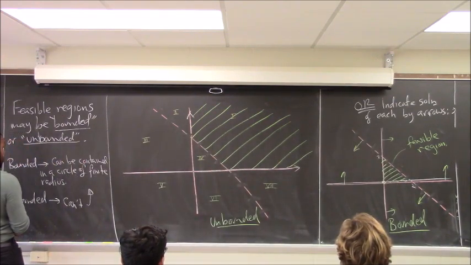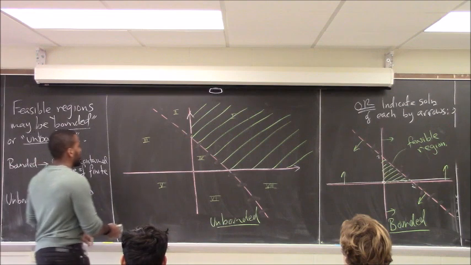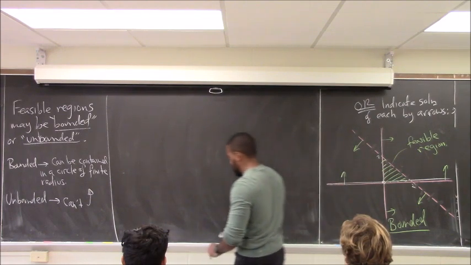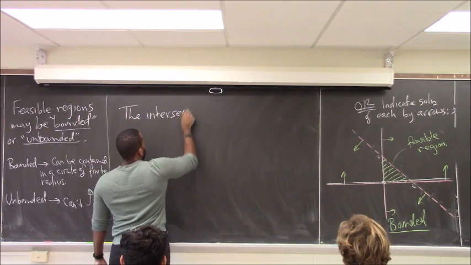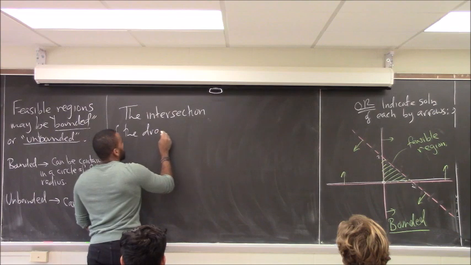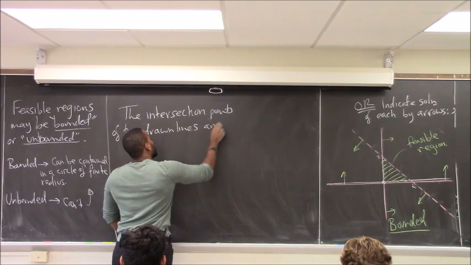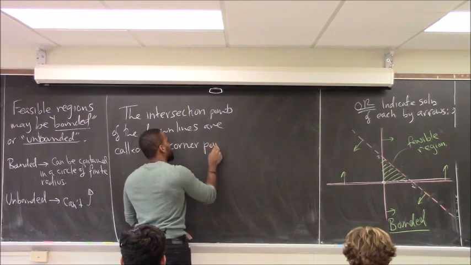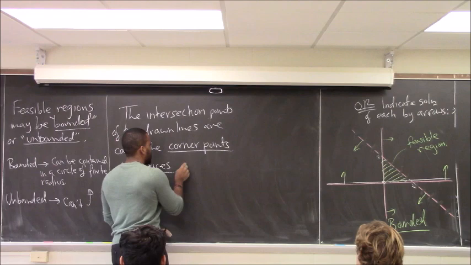Another thing that I want to do is the intersection of the drawn lines are called corner points or vertices of the feasible region.